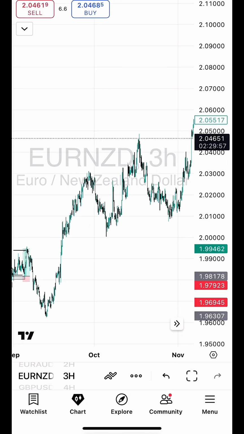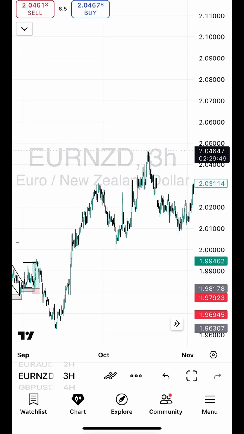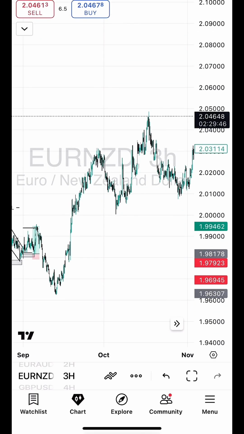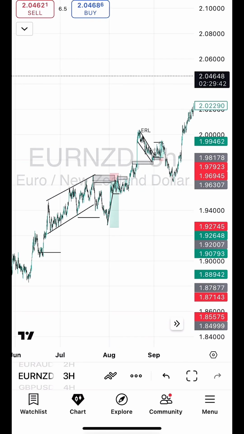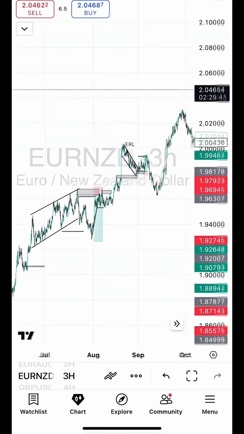It has actually been one of the powerful trading tools or concepts that I usually trade when it comes to trading the financial market. So we can see from here that Euro NZD was actually bullish.